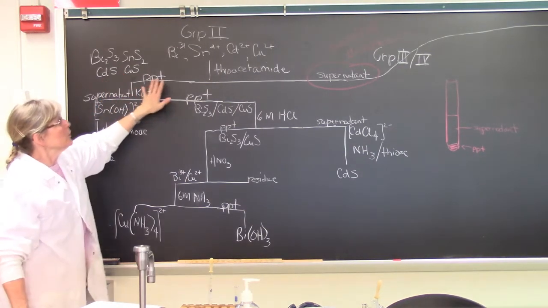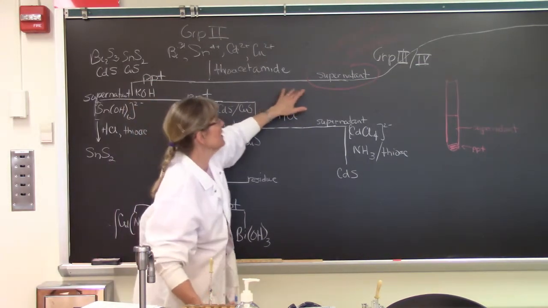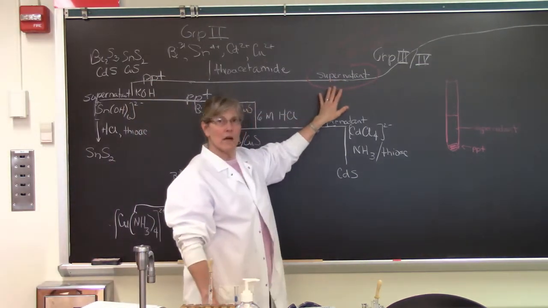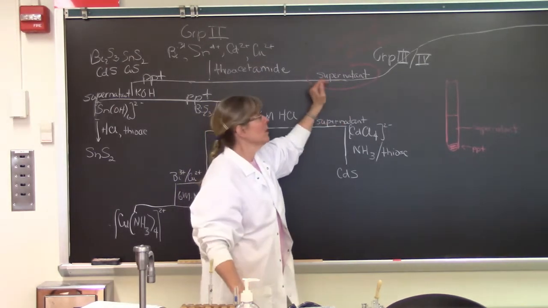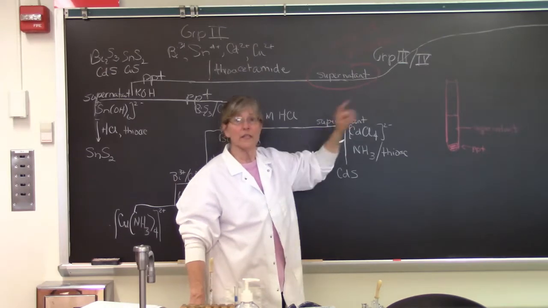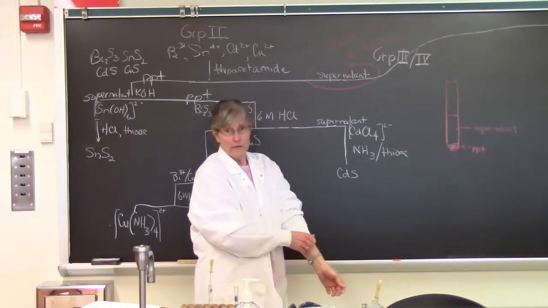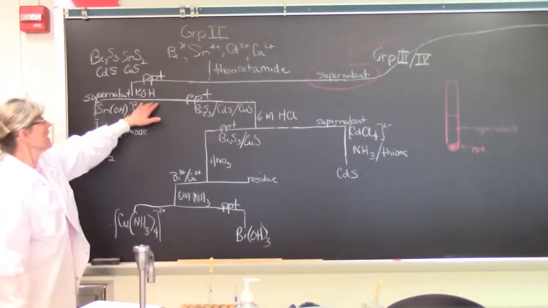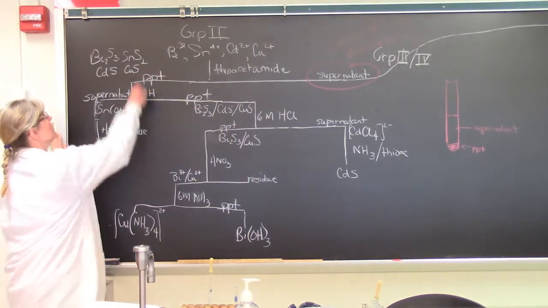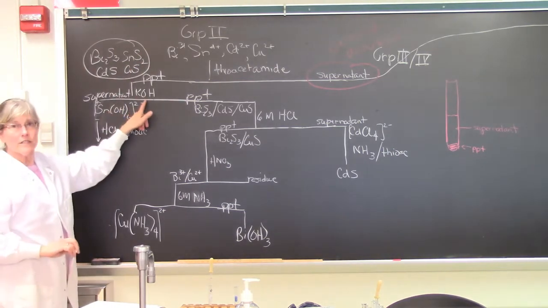We're going to spin it down, this black and disgusting solution, and take off the supernatant, which with the unknown will contain some other cations. For this first video, it will not. It'll just have water.